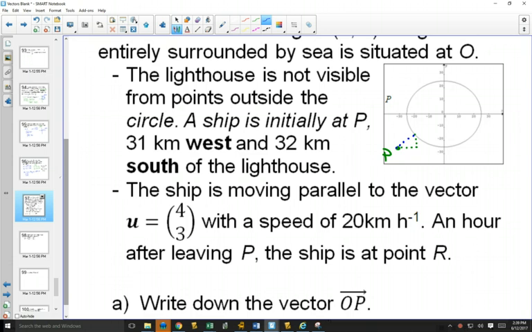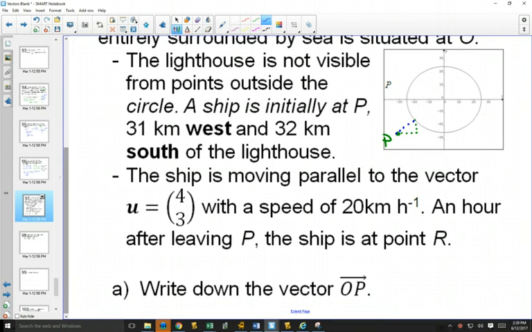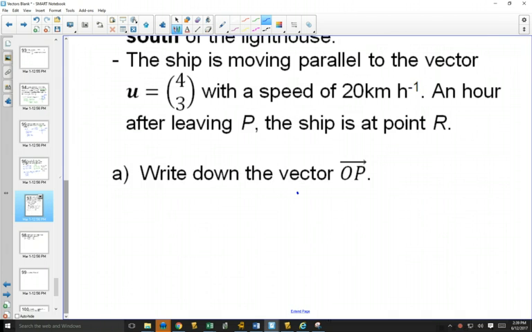And if it's going 20 kilometers an hour, it's going to end up at the point R. So first of all, let's write down our position vector, OP. Well, if it is 31 to the west and 32 south, that'll be our initial position vector for our ship.